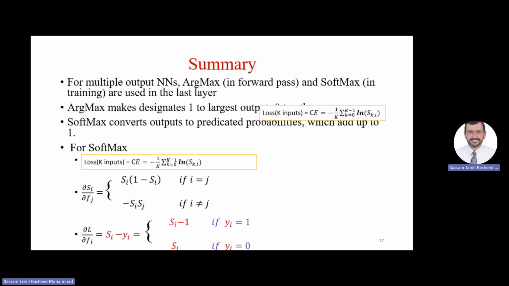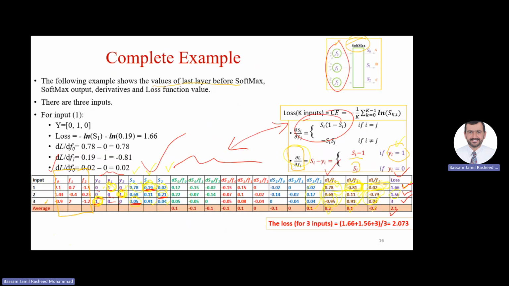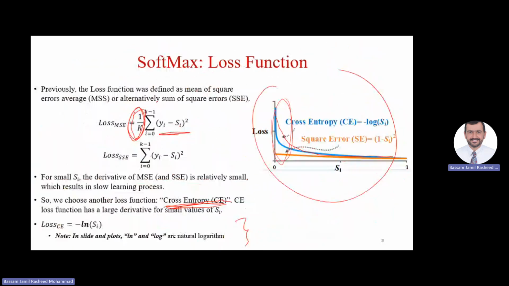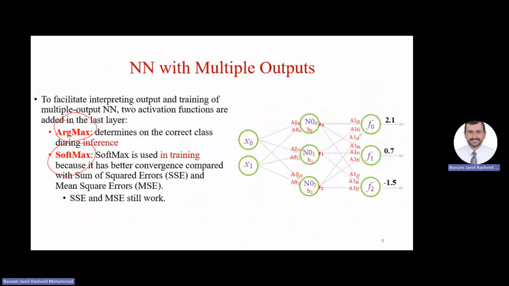Okay. So basically, what was presented to you in this class, let's go back to the original problem and what we are trying to address. We are addressing the inference and training of a network of multiple outputs.